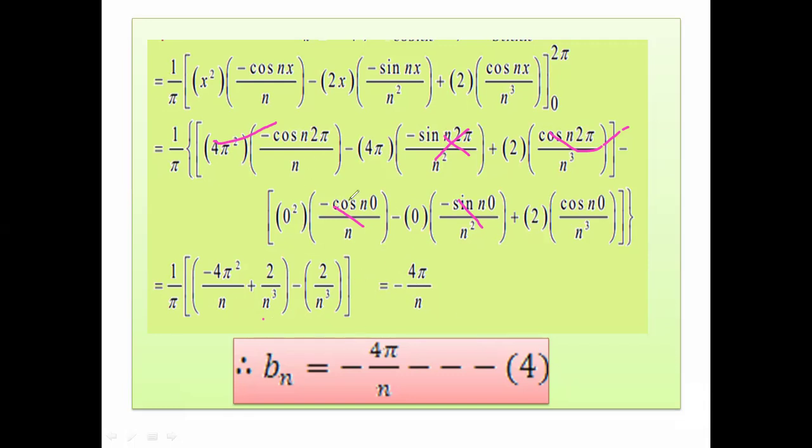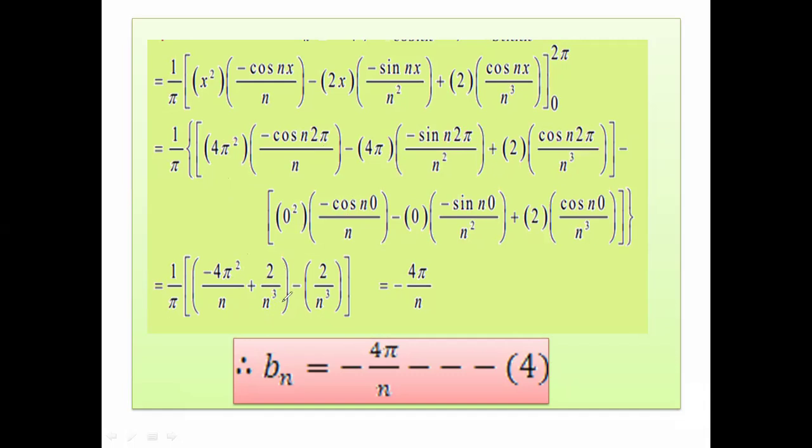Now substituting over there and simplifying this. The first term will become 1. So you take it as minus 4 pi square by n, plus 2 by n cube.